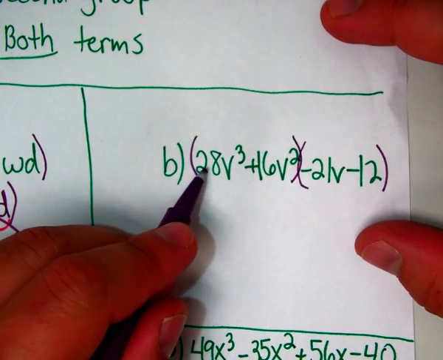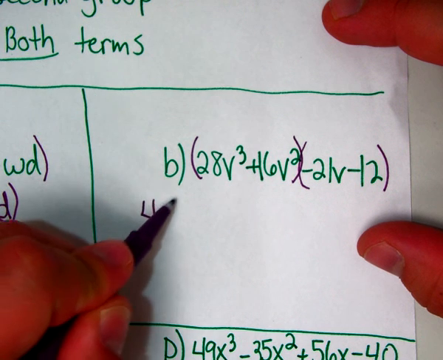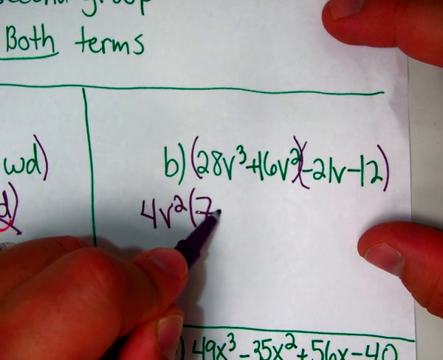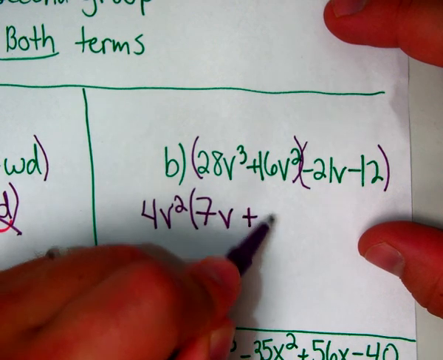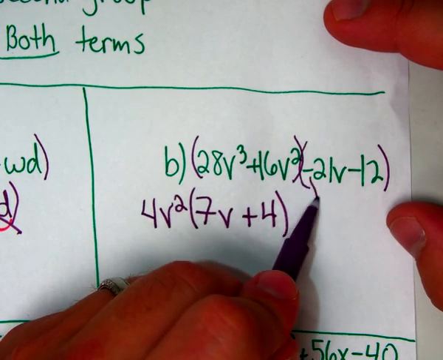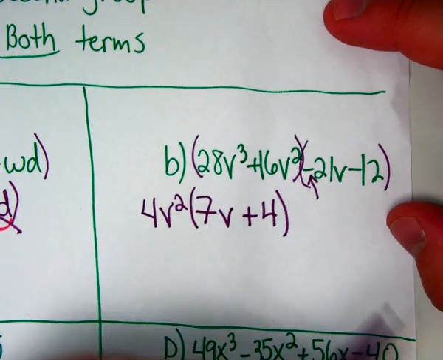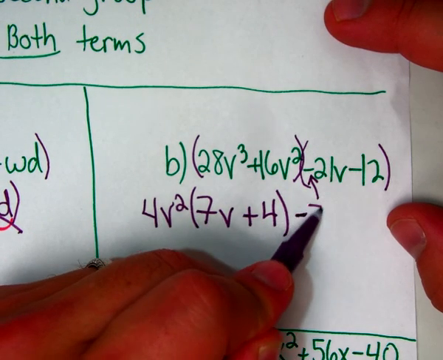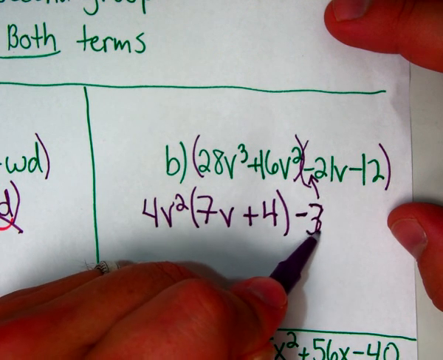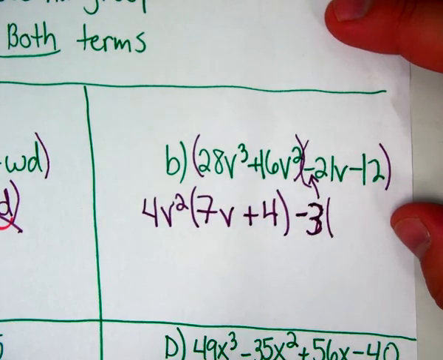Looking at the second example here. Biggest value that 28 and 16 are all divisible by is just a 4. They have a v squared in common. So we're left with 7v plus 4 for that first one. On this one, you'll notice that the leading term is negative. And because the leading term is negative, we have to factor out a negative. So we're going to factor out a negative 3, because 21 and 12 are divisible by just 3.